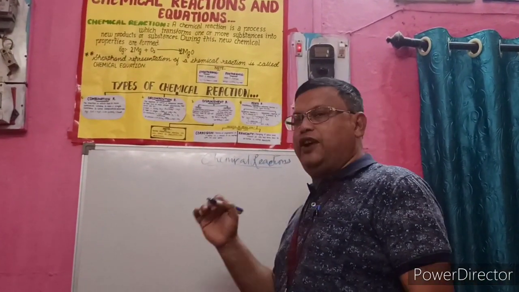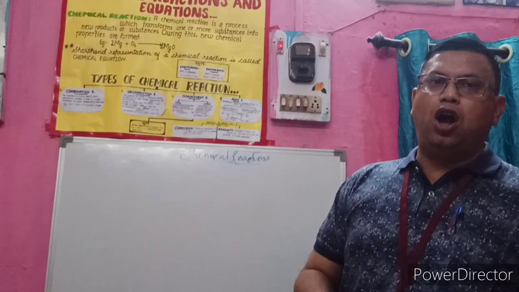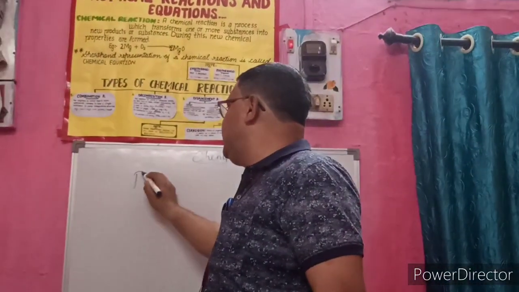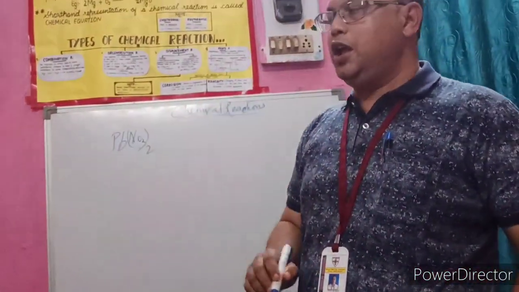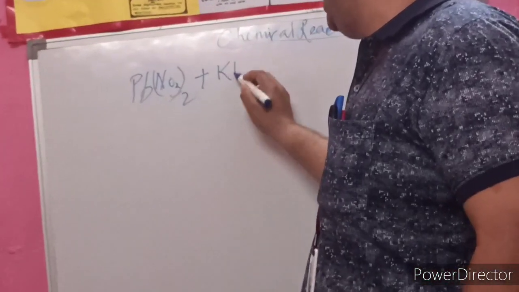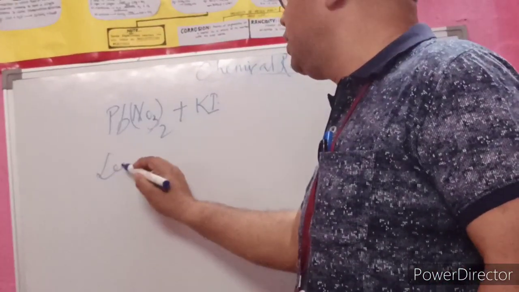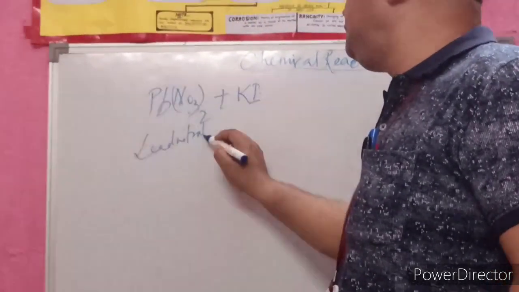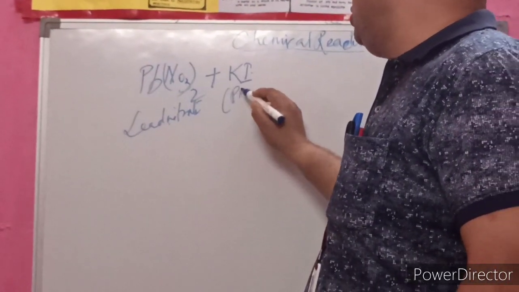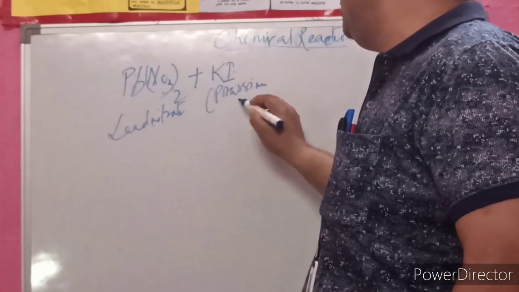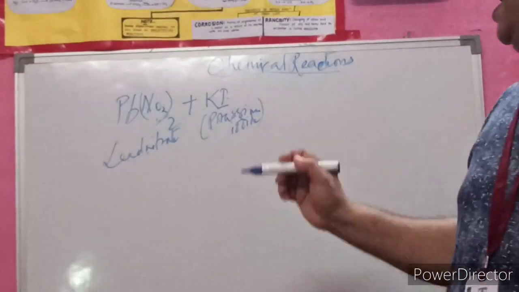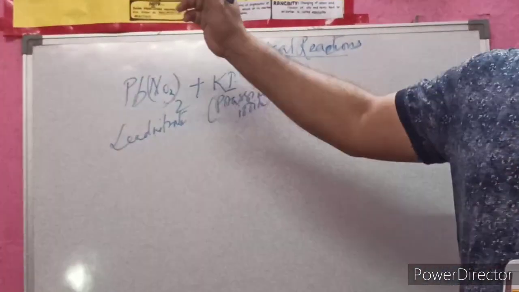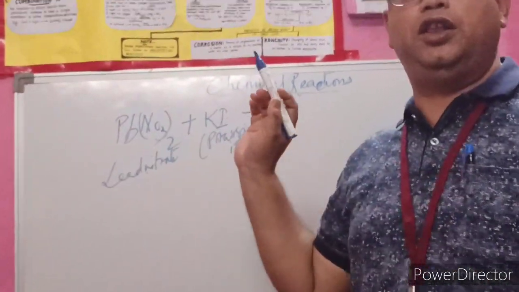Suppose I take a simple example of lead nitrate. If I add potassium iodide solution to it, all of you in class 9 may know how to write the chemical formula.